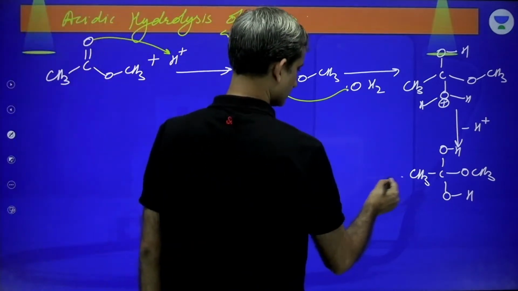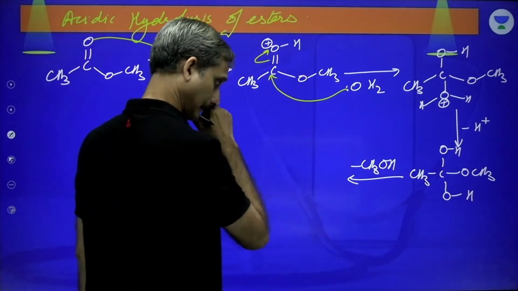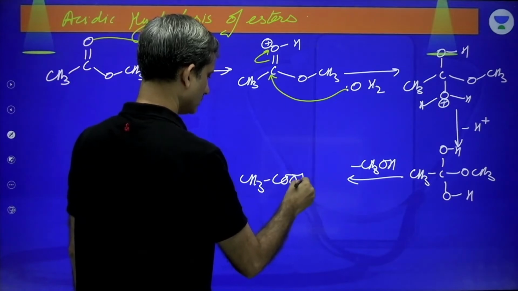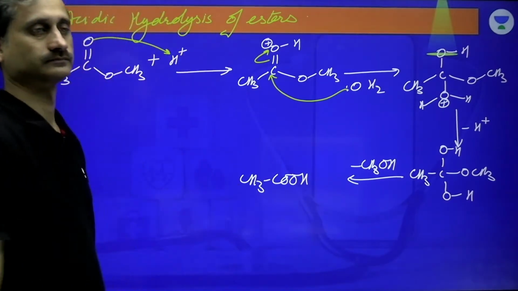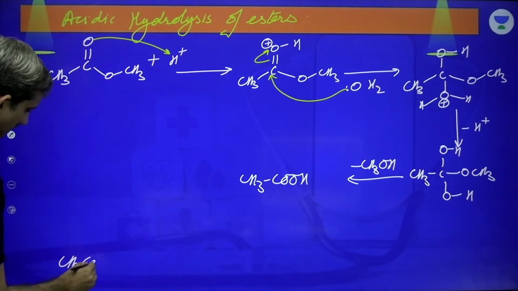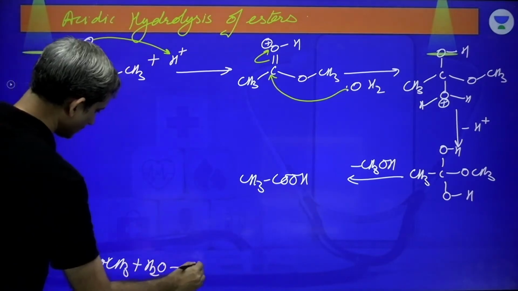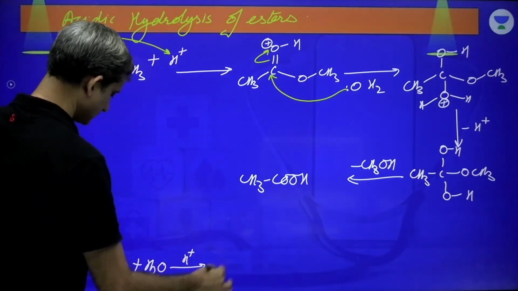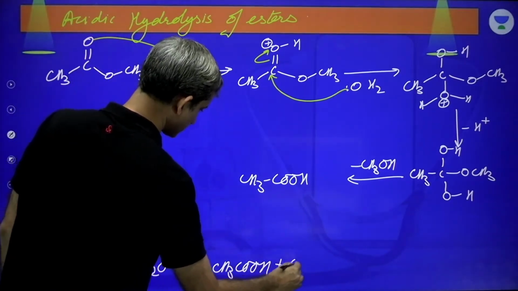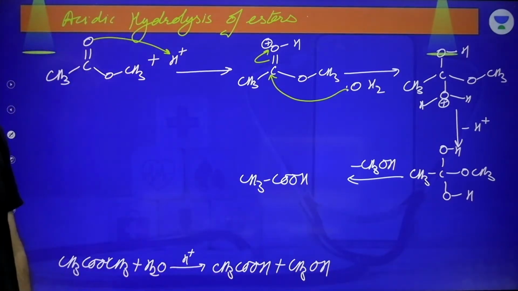And then CH3OH is removed from here, and we get CH3COOH. The overall reaction becomes CH3COOCH3 plus H2O in presence of H plus gives us CH3COOH plus CH3OH. Fine.